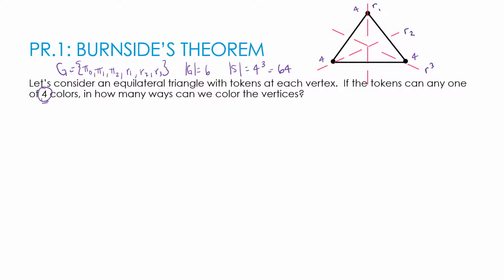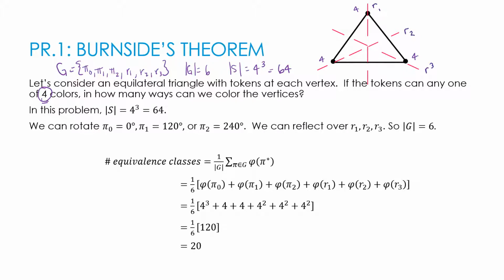So now what do I need to do? Well, now I need to start doing my work. And my work is to determine if I don't rotate at all, what stays fixed. So if I don't rotate at all, everything can be whatever color I want, all 3 vertices. If I rotate 120, well, whatever I choose here, this can be any color I want.